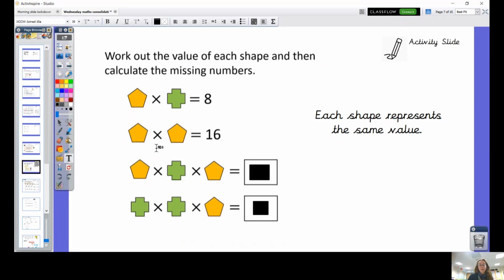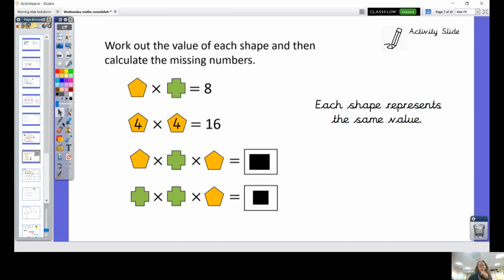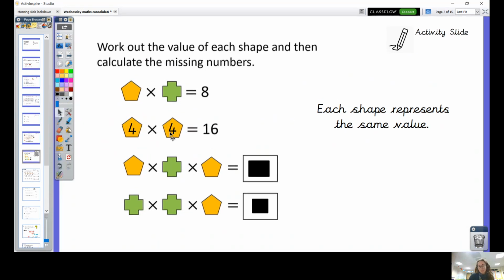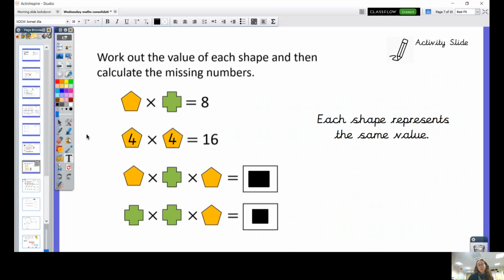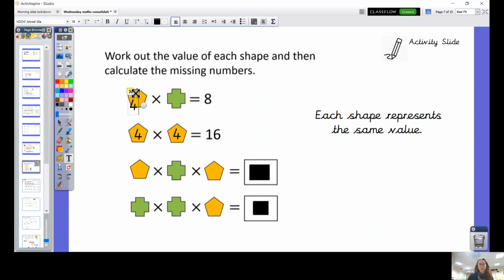So I know, as a fact, I know that 4 times 4 is 16. And now, because I've calculated that number fact, and I know that the pentagons are 4, I can now pop 4 in the other pentagons, because I know that that's what that shape represents.